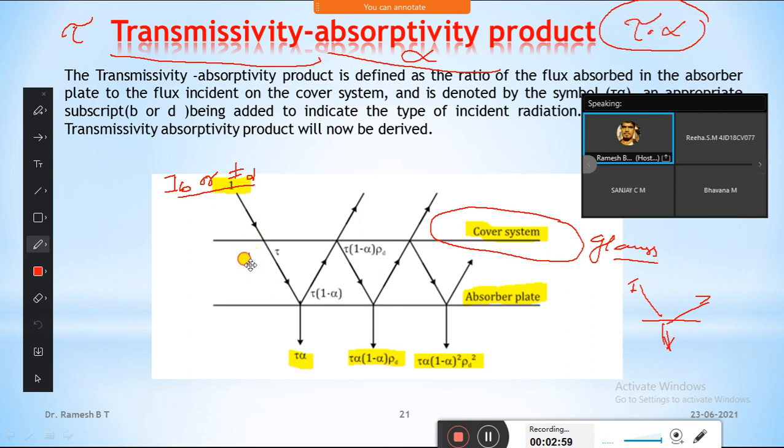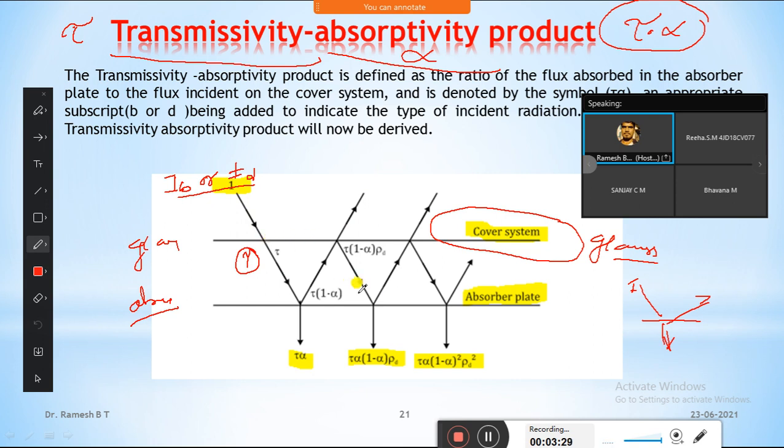Then there is an absorber plate, that is, first there is a glass, then the absorber plate. The absorber plate is made of metal, maybe copper or aluminum, and it is coated black to absorb the maximum radiation. Here also, the radiation from the cover reaches the absorber plate with a value of tau.